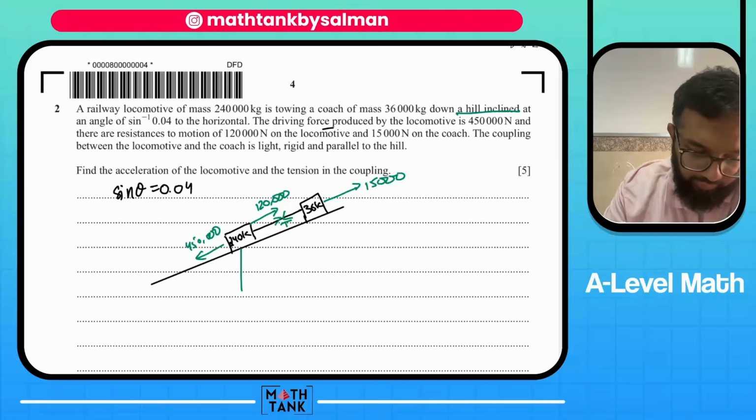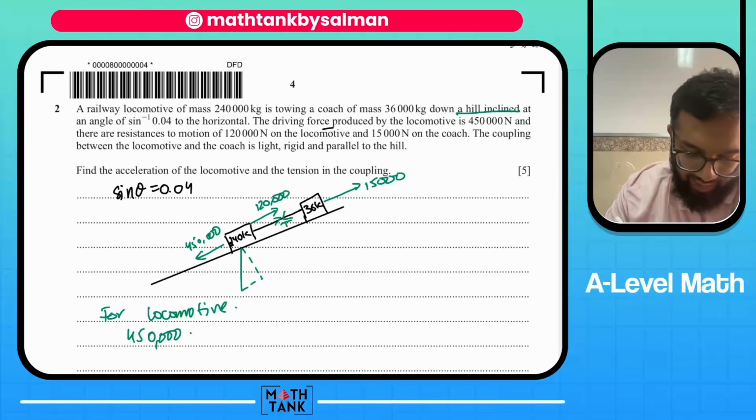Okay, so for the locomotive, 450,000 and gravity is driving it. What is gravity? The gravitational force, so 240,000 g sine theta, where sine theta is 0.04.